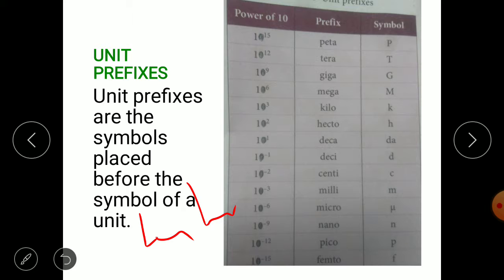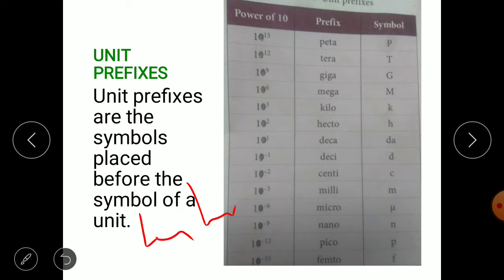Next we have some negative values, that is 10 to the power minus 1, that means 1 by 10. 10 to the power minus 2 means 1 by 100. 10 to the power minus 3 is 1 by 1000. So we write these as deci, centi, milli, micro, nano, pico and femto.